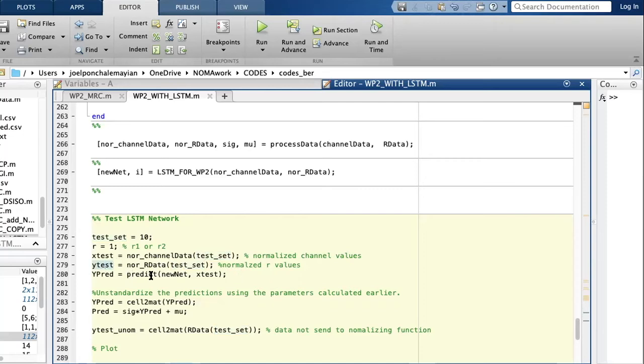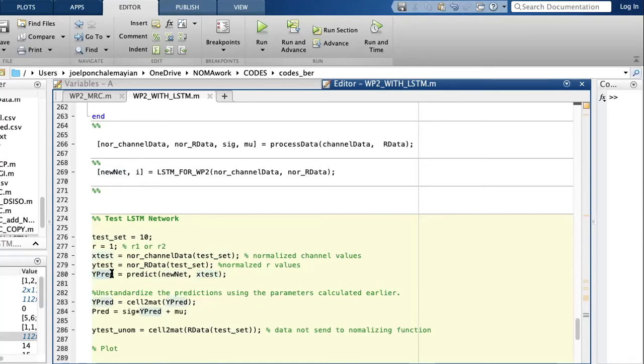And then I put it in my trained neural network. This is how you just say predict. Then you put your neural network, this is your trained neural network, and then you put your X data. And then from that, you get your Y predicted.